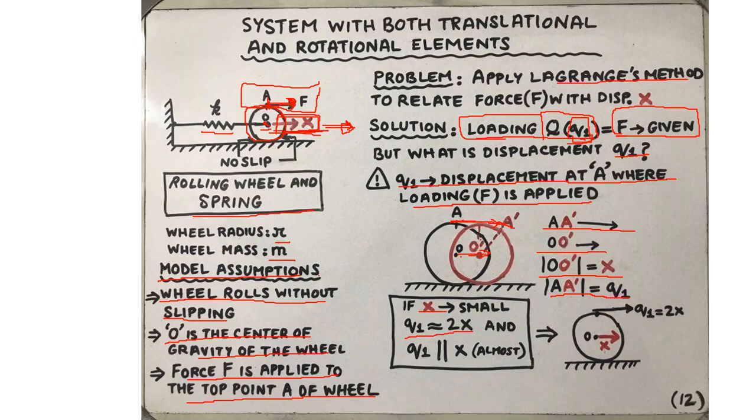That's because the velocity is double or approximately double compared to the velocity at the center of the wheel. More specifically, we are talking about the linear velocity. And in this limit, the two displacements or the two velocity vectors, whatever we talk about, either velocity or displacement, they are parallel.